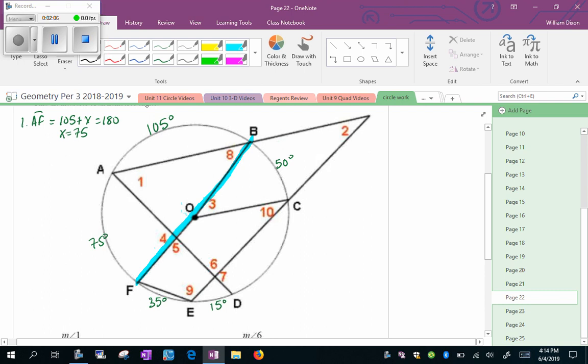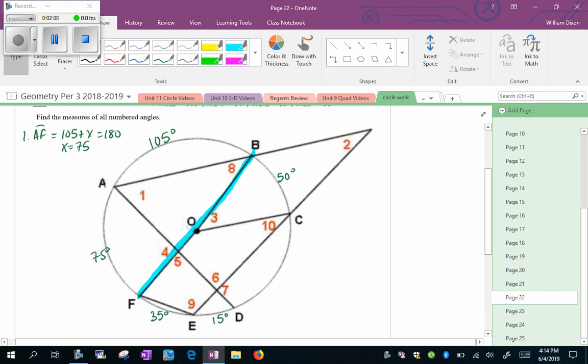Now I need to find DC. So the second thing I'm going to do is find DC. And once again, I have BC at 50 degrees, I have ED at 15, I have FE at 35. I know that arc FEDCB is a semicircle, so we know that measures 180 degrees.